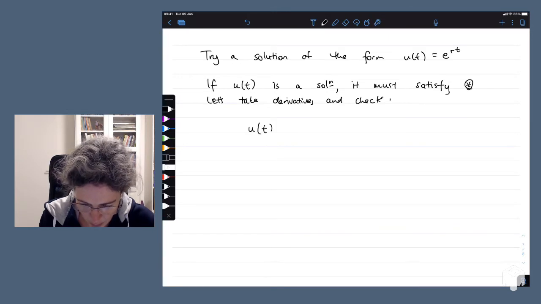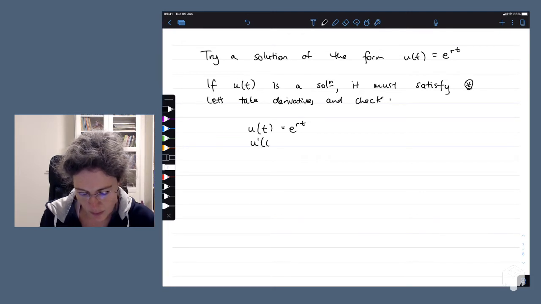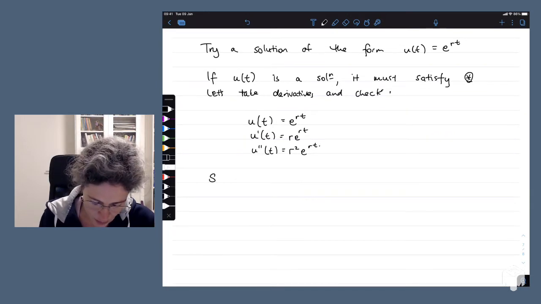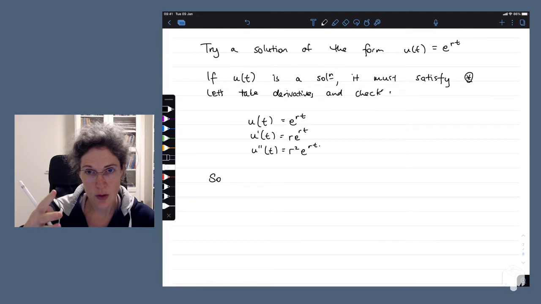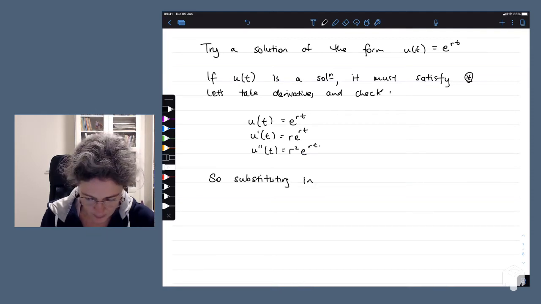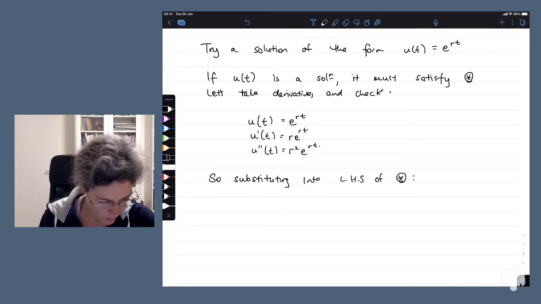So we have u of t is equal to e to the rt. If we take one derivative, then we're going to get an r coming out, and we've got another e to the rt. And if we take a second derivative, then we're going to get an r squared e to the rt. So if we substitute those, the u, u dash and u double dash, into the left-hand side of our equation, what do we get?